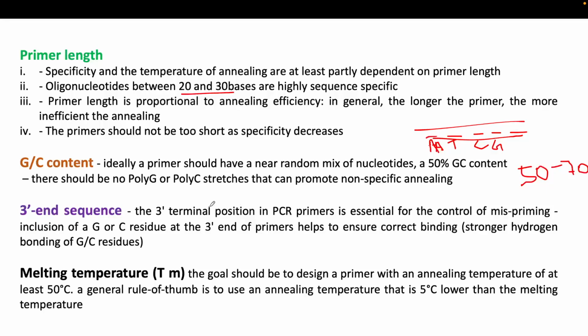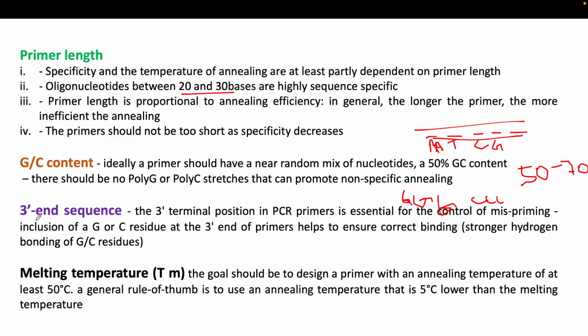So the GC content should be 50 to 70%, but at the same time the sequence should not be like G G G G G G or C C C. There should not be any poly G and poly C stretches, so that it does not promote non-specific annealing. That you have to remember.